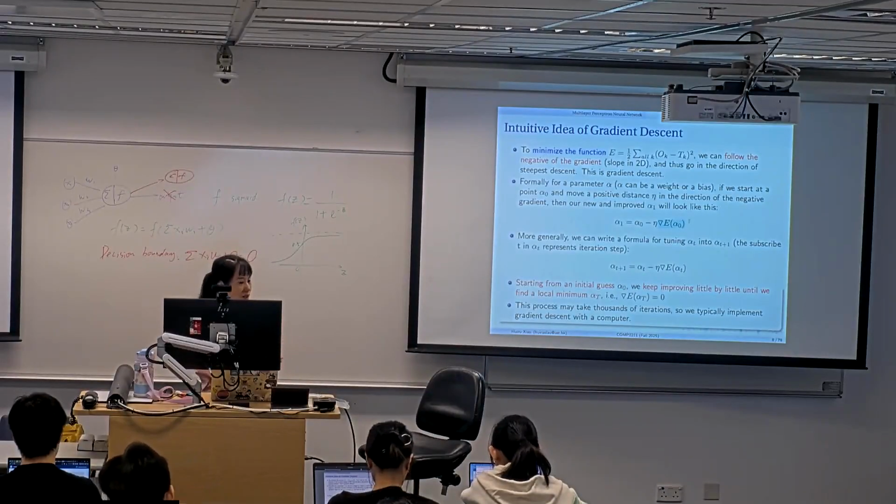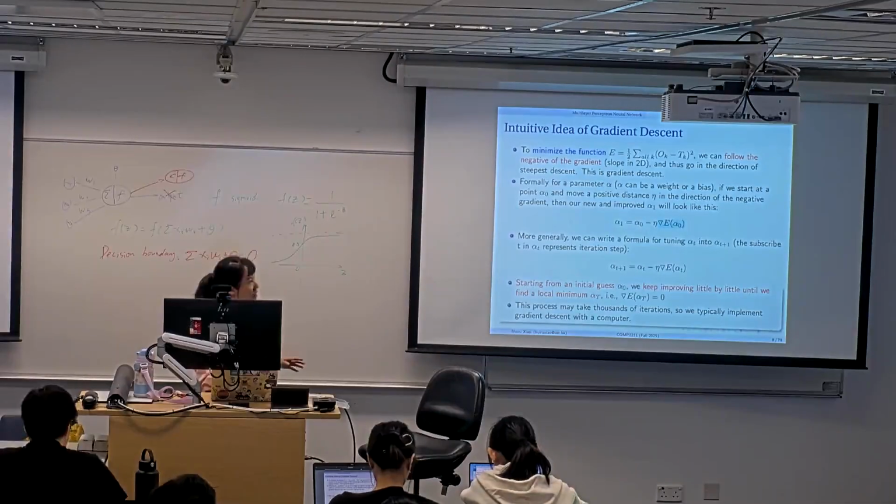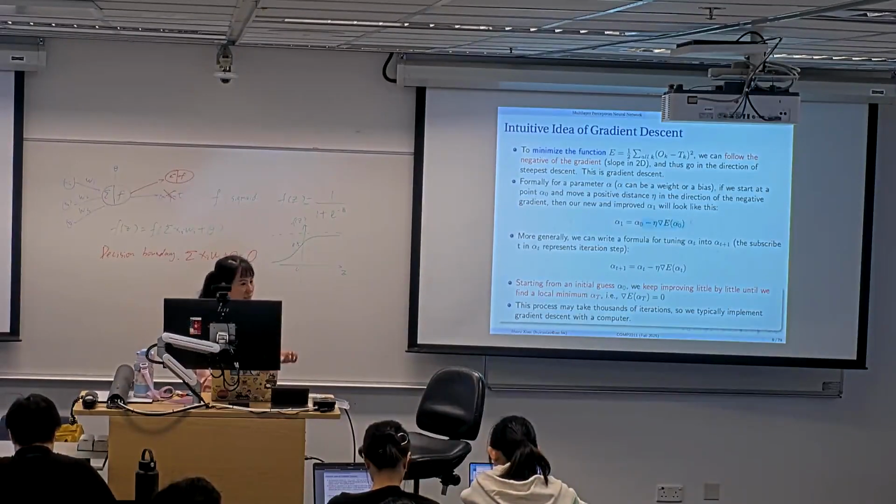This is called gradient descent. We get the derivative of the error function E with regard to this parameter, multiply it by the learning rate, and move in the negative direction of the gradient. So it's minus eta times the derivative, and then we get the new value for this parameter, alpha 1.